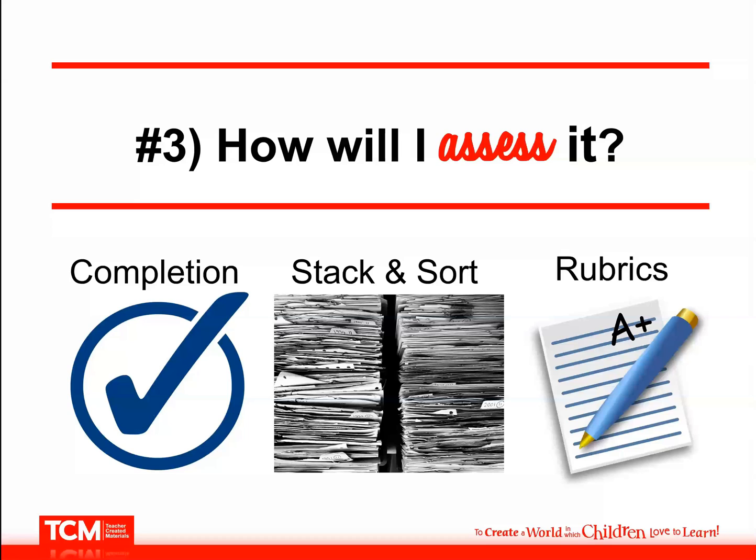For these, I often use what I like to call a stack and sort grading method. Picking up each student writing only once, I determine if it meets the expectations or exceeds the expectations, or if it attempts the expectations but doesn't necessarily meet all the components, or maybe it is not the student's best effort at the work.